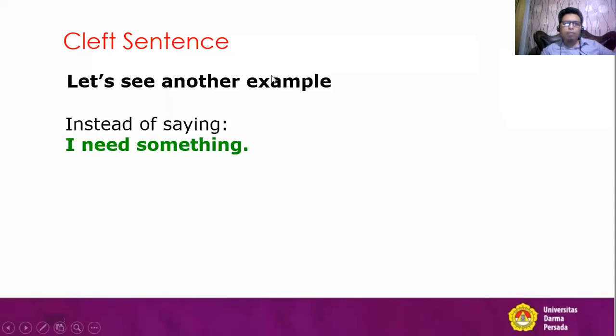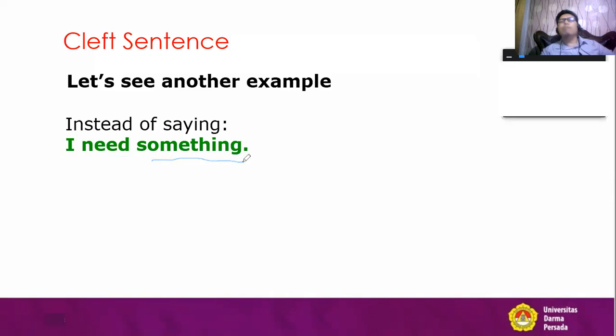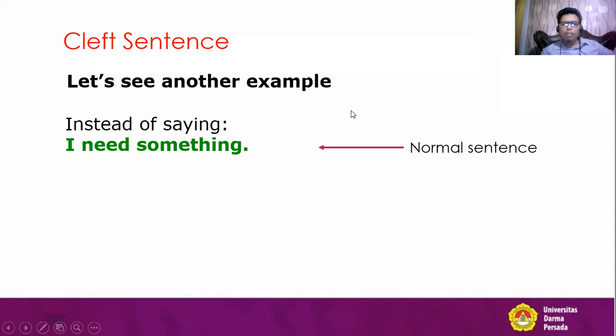Instead of saying I need something, this is a normal sentence. Everybody, you can find out this is a normal, or let's say simple, sentence. We have subject I, verb need, object something. That's very simple, and that is normal.